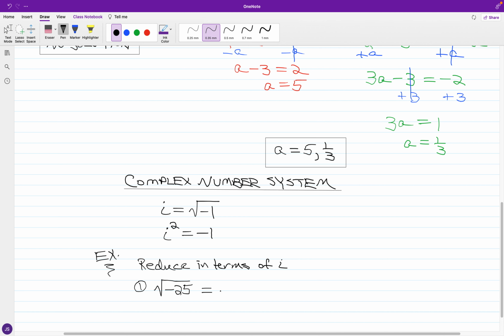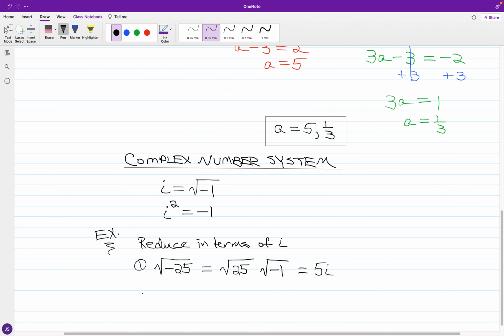Now we got the negative of a perfect square value. If I were to split up, you have the square root of 25 times the square root of negative 1. And the square root of 25 is going to be 5. And the square root of negative 1 will go to I. And so the square root of negative 25 is equal to 5i.